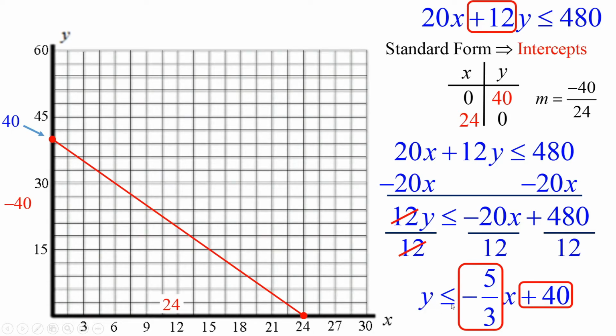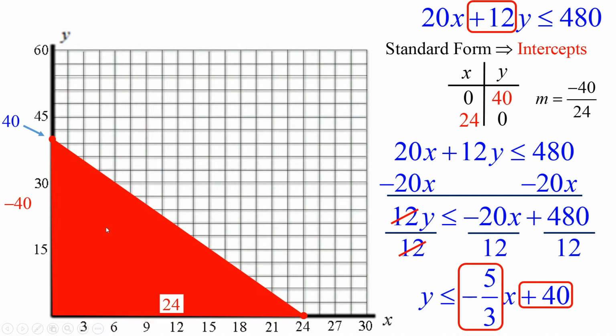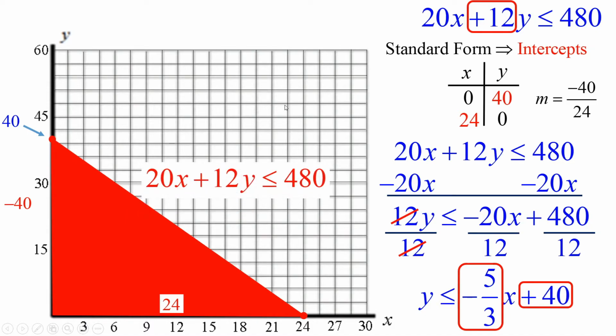Now the equals tells me that this boundary line has to be solid. But the less than tells me I'm going to shade below it. So let's shade everything below that boundary line in the first quadrant. And there's the perfect graph of our original inequality in standard form. 20x plus 12y is less than or equal to 480.